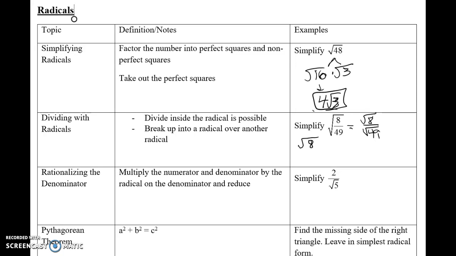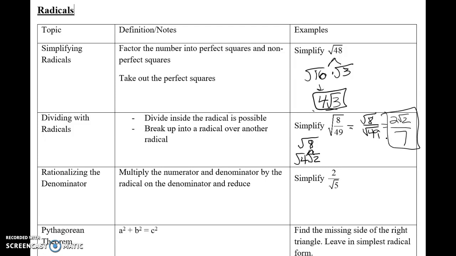Try and break it down into perfect squares. So 4, which is a perfect square, goes into 8 2 times. So I can change radical 8 into 2 radical 2. Radical 49 I know is a perfect square already, and that perfect square will be 7. So my answer to this division problem is 2 radical 2 over 7.